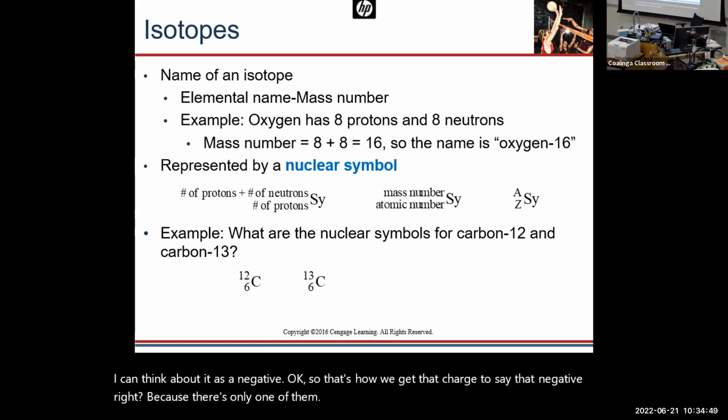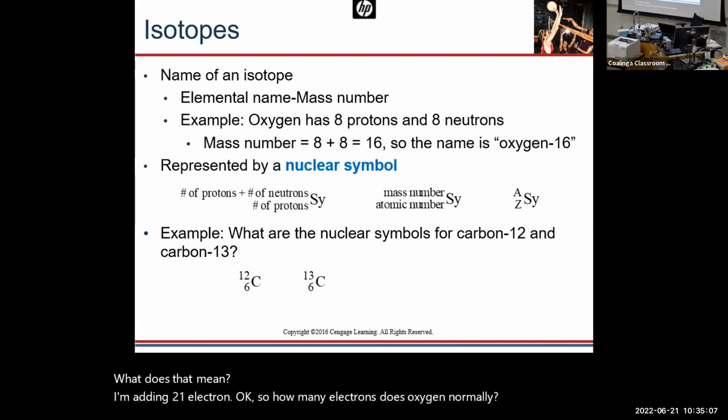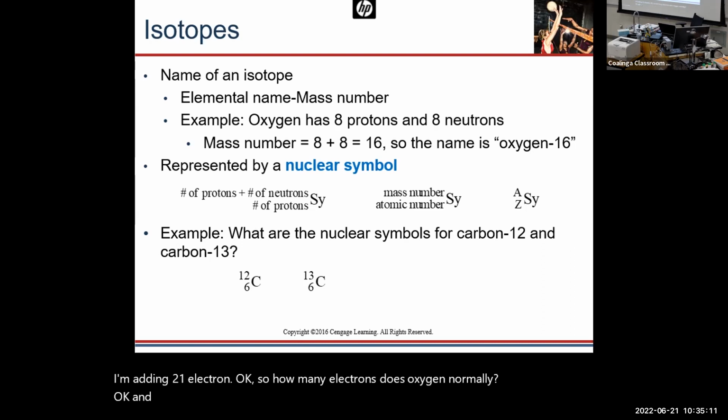Okay, oxygen. Say I have this. What does that mean? I'm adding two electrons. So how many electrons does oxygen normally have? Eight. And then I'm adding two more. 10 electrons.